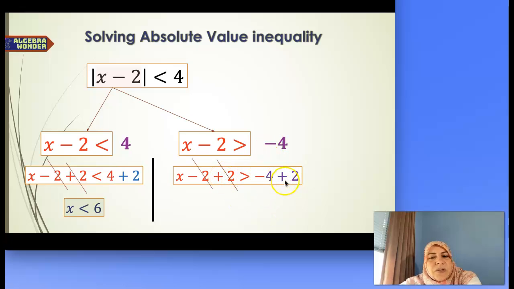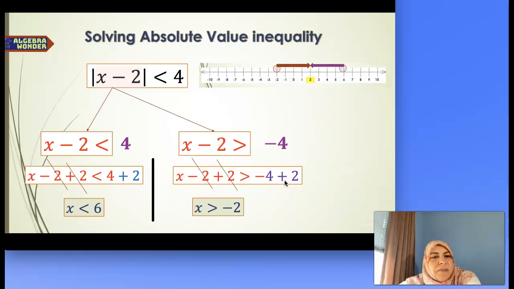So negative 4 plus 2 is negative 2. Exactly as we did a little bit ago: x is less than 6, and x is greater than negative 2. Any number in between negative 2 and 6 will make this inequality true.